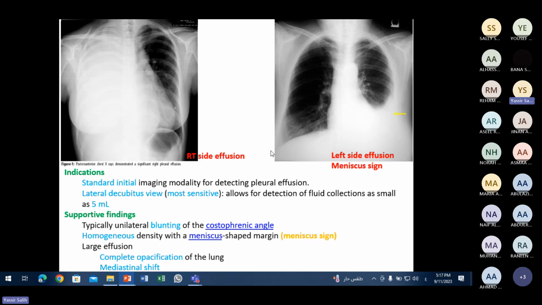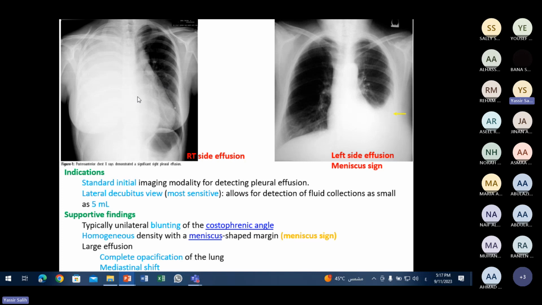So we have three degrees of pleural effusion. If it is small, it causes blunting or obliteration of the costophrenic angle. If it is moderate, it shows the meniscus sign. If it is a gross large amount, it causes opacification of one side and deviation of the mediastinum to the other side.